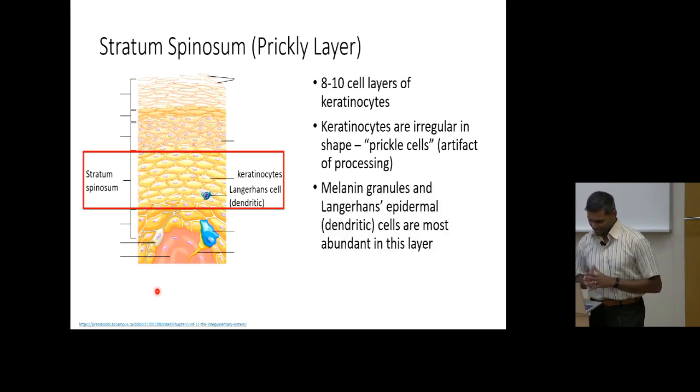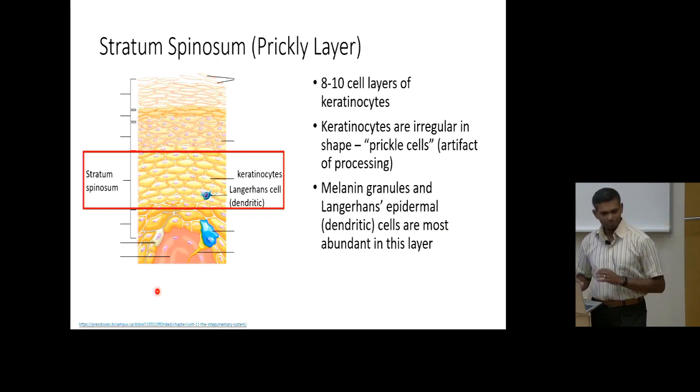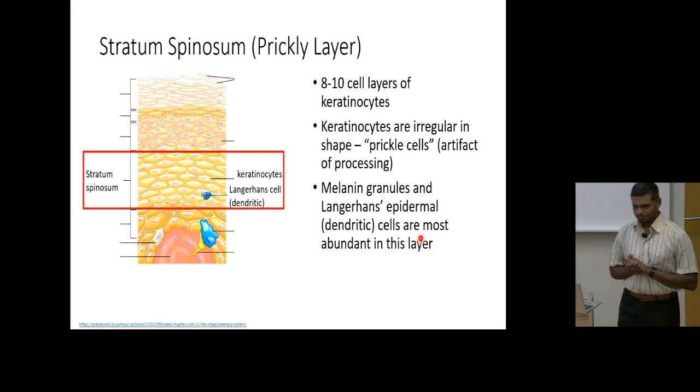So we see that there are other things to note in this layer, and that is there are many melanin granules which were produced by the melanocytes in the stratum basale. You see tons of melanin granules, and you will also notice that these Langerhans cells, or dendritic cells, are also abundant in this layer.